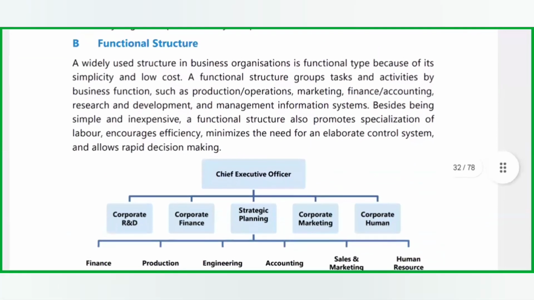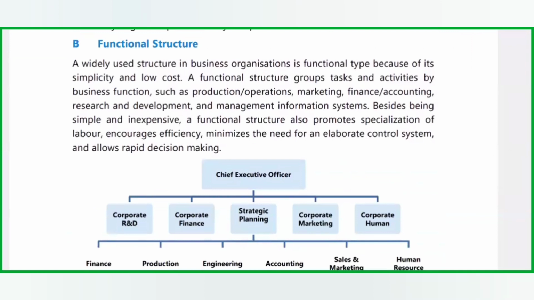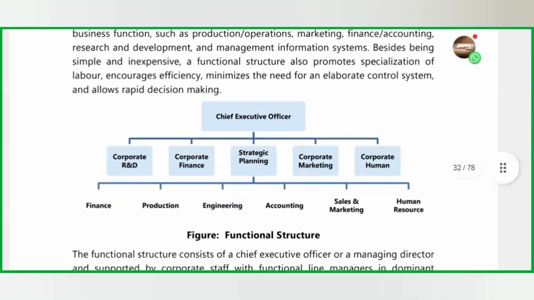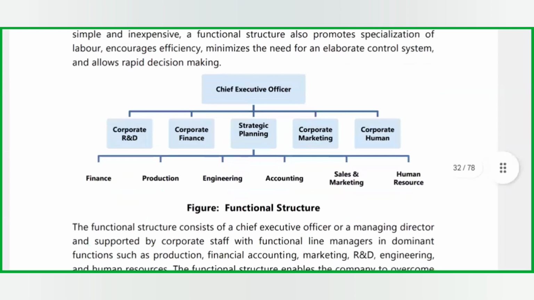The next type of structure here is functional structure. Functional structure is used wherein a group of tasks and activities are carried out by businesses such as production, operations, marketing, finance, accounting. So in this structure, there is a little bit of specialization. Specialization of labor encourages efficiency, minimizes the need for elaborate systems, and so on.